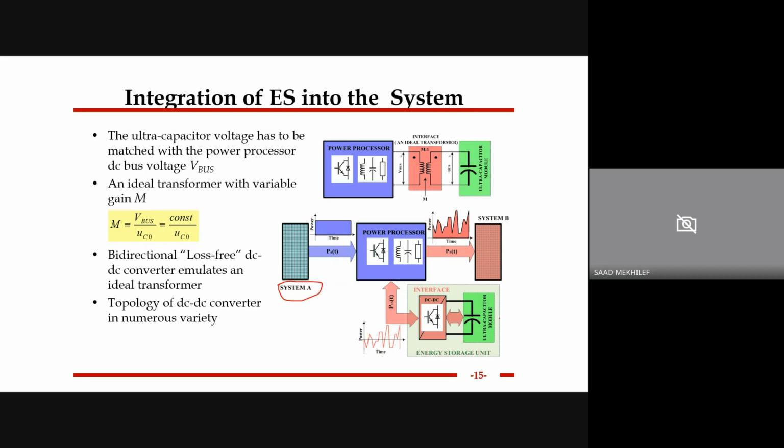So one of the objectives of the energy storage system is to compensate for it. The system A here can provide a constant power, the system B requires a variable power, and the difference can be provided by the storage system.